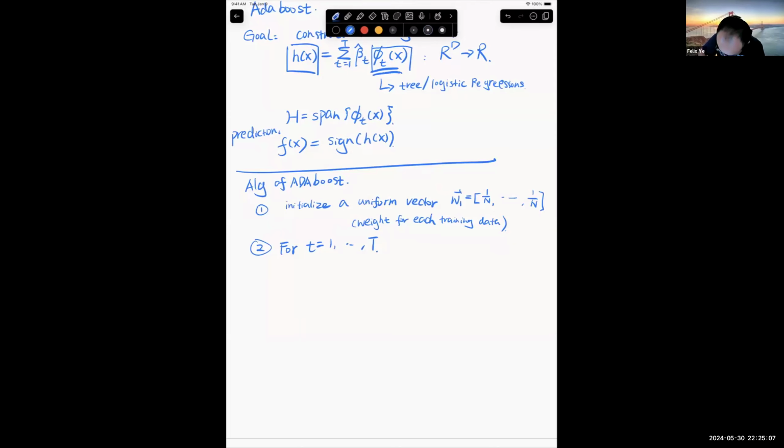All right, so first you're going to train the classifier phi t on the whole training set D with the weight Wt that minimizes the weighted error.